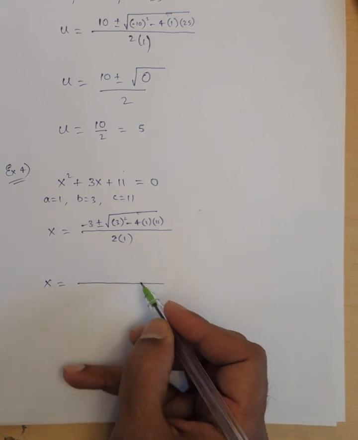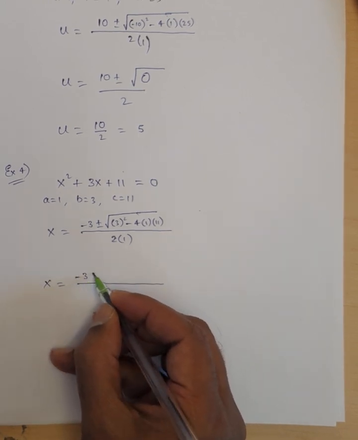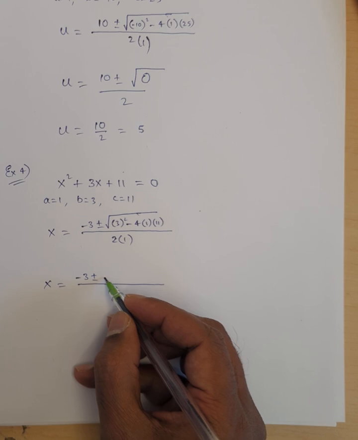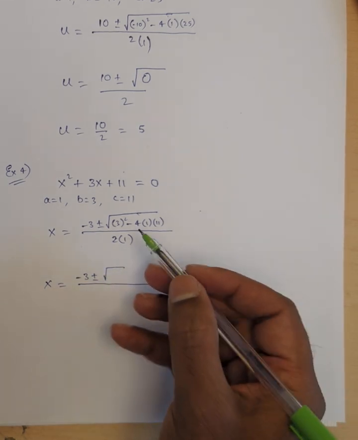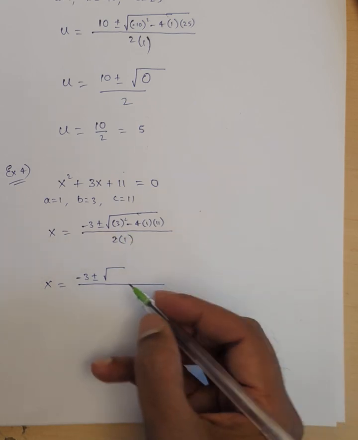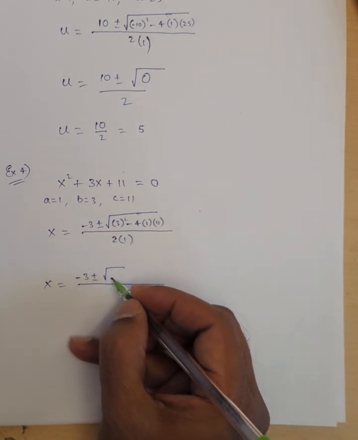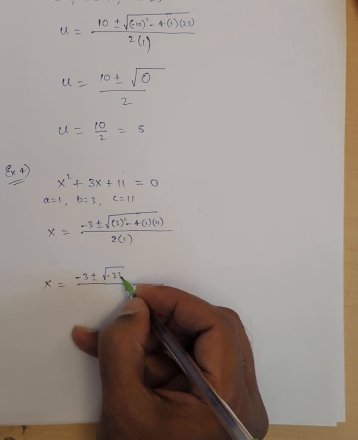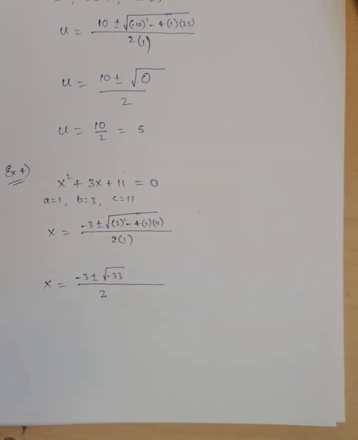So x is equal to negative 3 plus or minus square root. And now I will use a calculator for this. I would have 9 minus 44. So that would be negative 33 divided by 2.